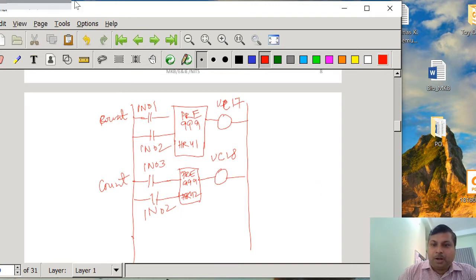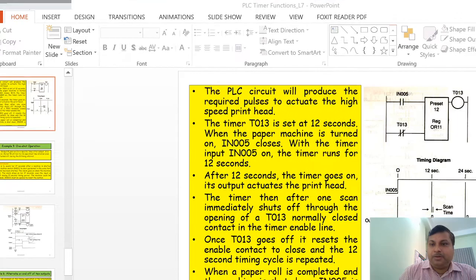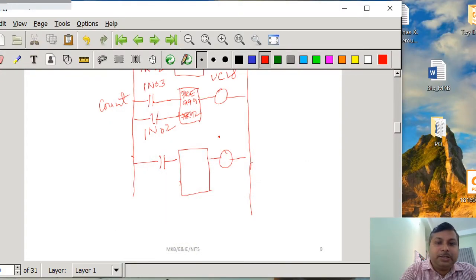Now, how can you generate the pulse at every 30-second interval? We have understood that from the timer operation. Suppose here we are taking one timer, and this is the timer address, suppose T13.